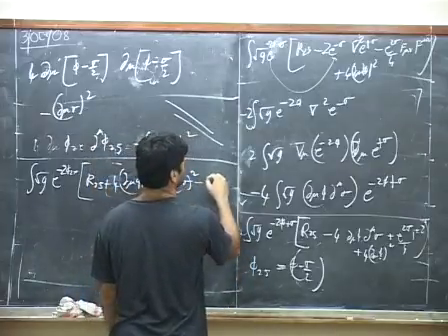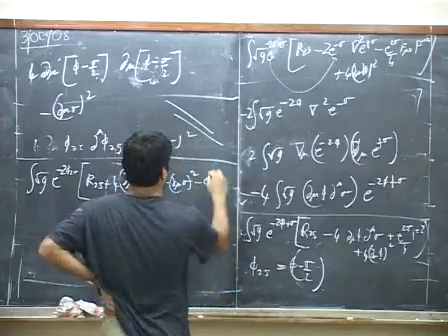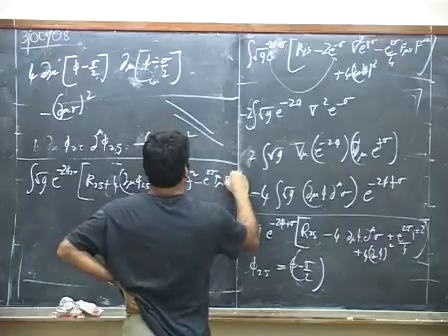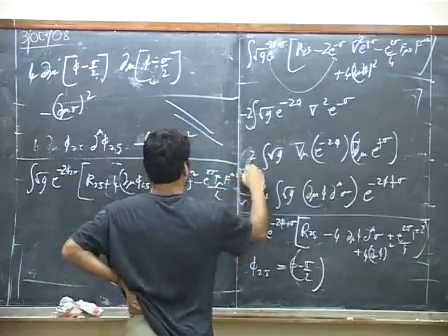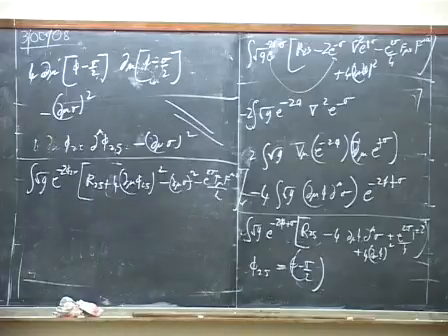And then minus e to the power 2 sigma F measure. That's the final answer.